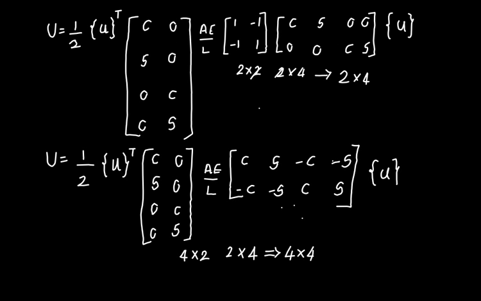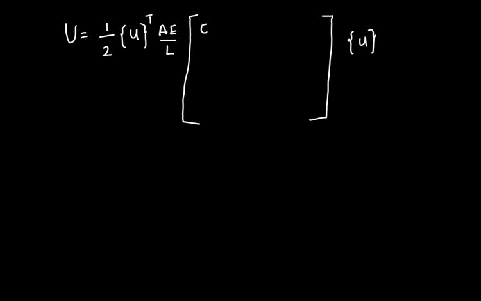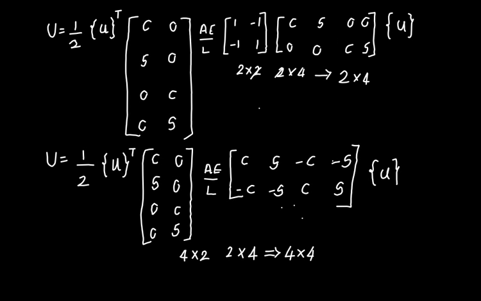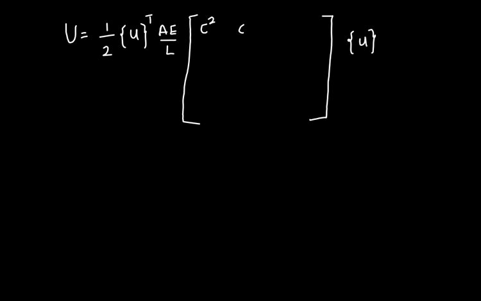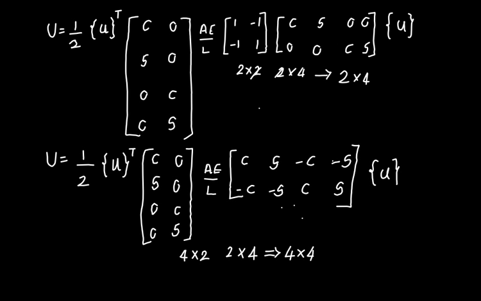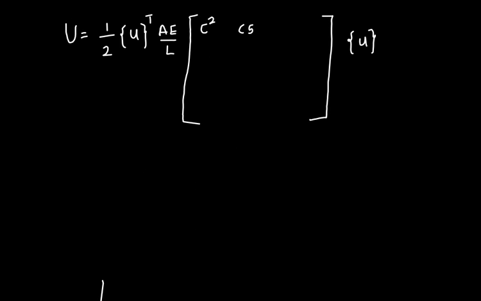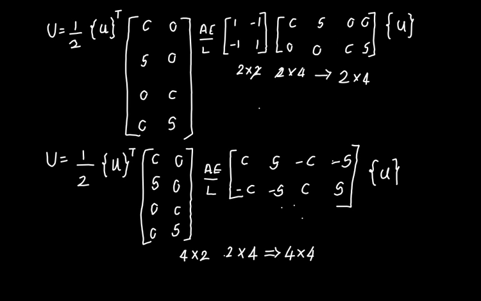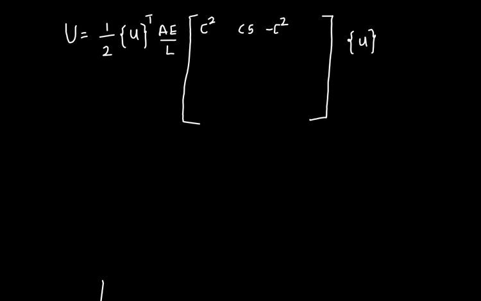It's going to be first row into first column, it's going to be C square. First row into second column, it's going to be CS. First row into third column. I'm writing this matrix. You can check this in the privacy of your room. So it's first row into third column, it's going to be minus C square. First row into fourth column, it's going to be minus CS.